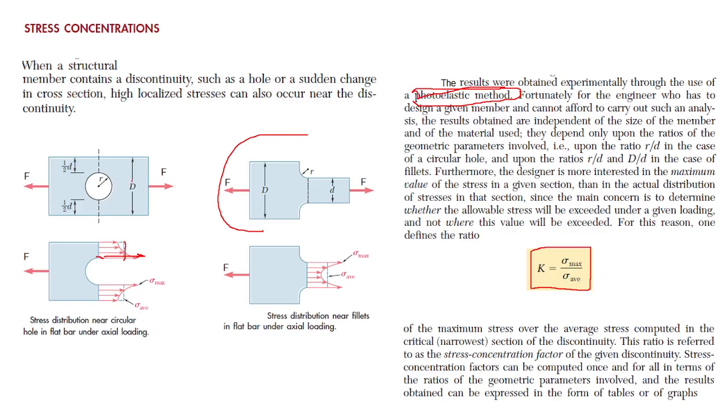Considering the geometry of the body at the cross section, we can easily calculate the average stress. And then if we know the K factor, multiplying K with the average stress, we can find the maximum value of the stress.